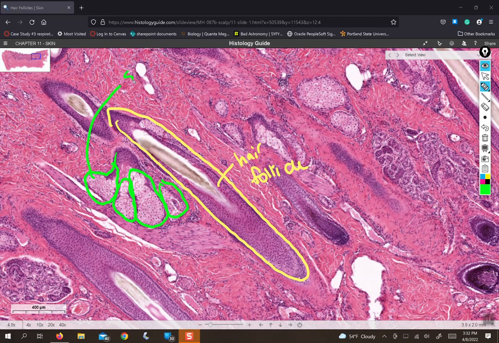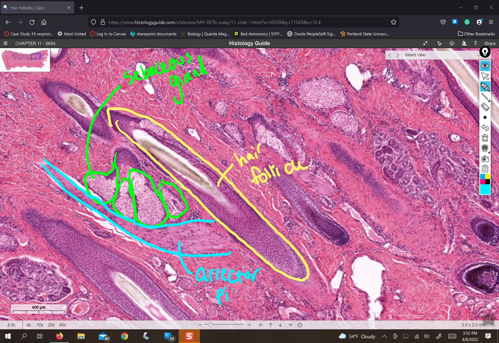And then this is a bit of smooth muscle, and you'll notice that it attaches to the side of the hair shaft. So this bit of smooth muscle has a specific name, and that is the erector pili muscle.